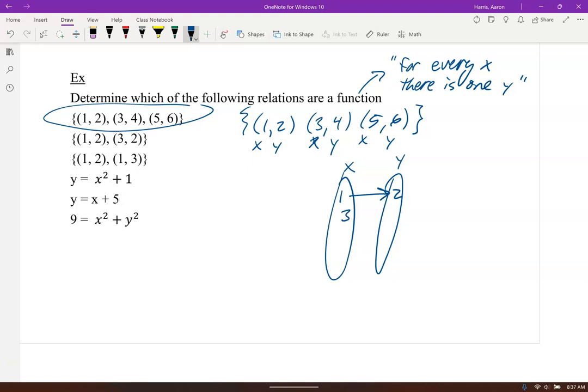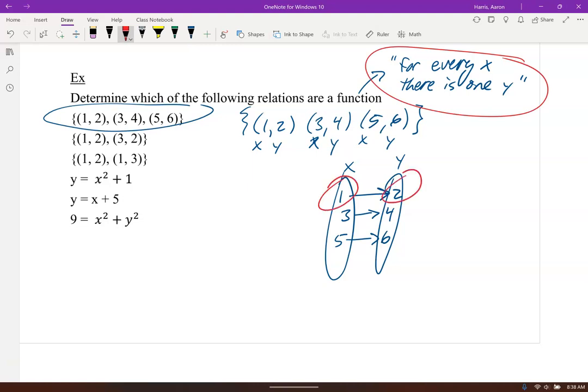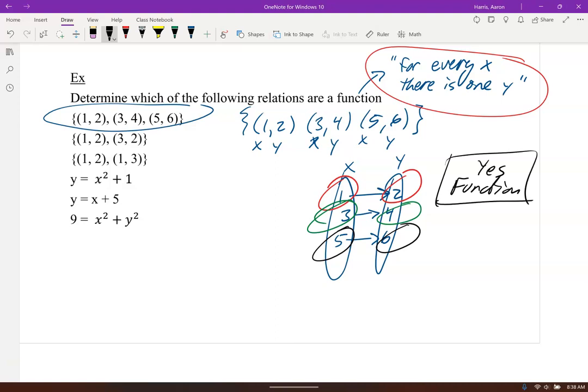My 3 x value maps onto 4. When I input 3, I get an output 4. When I input 5, I output 6. So now what I say is I use this saying. For every x, for this x, looks like there's one y. Now for this x of 3, looks like there's one y. And finally, for this x, there's one y. So this is okay. So this, yes, is a function. Let's do the next one below.